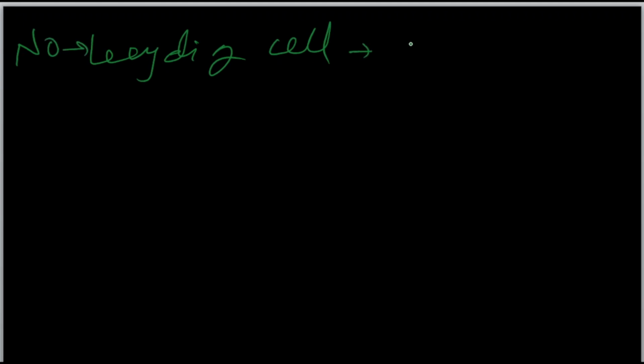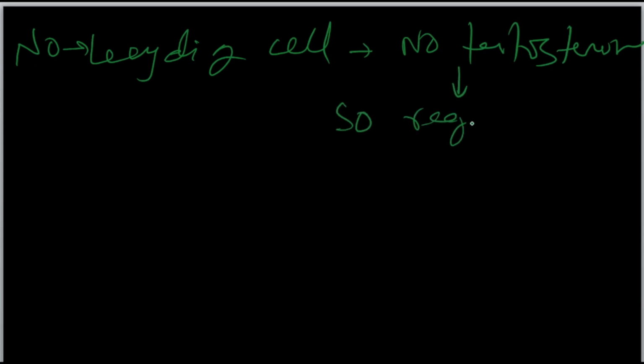Next, as there is no Leydig cell, no testosterone, so there is regression of the Wolffian duct.